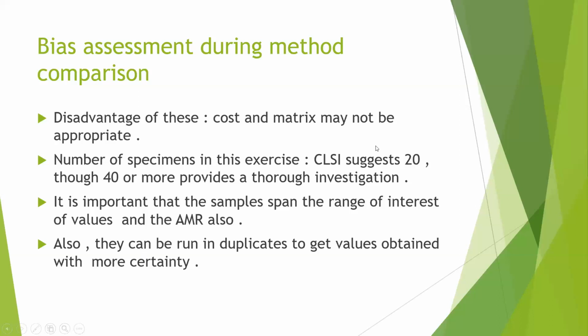So we must include samples across low, normal, high, to put it simply, or across the AMR, or across the medical levels, and especially include the medical decision limits. That is very important, so that our process of bias assessment and comparison is more robust once we have taken a whole range of the values. Also, they can be run in duplicates to get the values obtained with more certainty. So that's one suggestion when you're doing a bias assessment during method comparison.